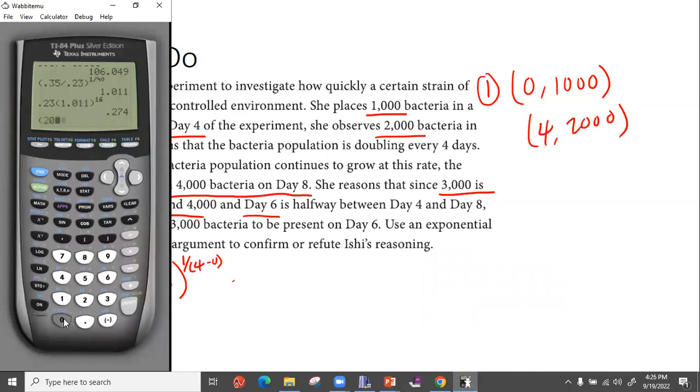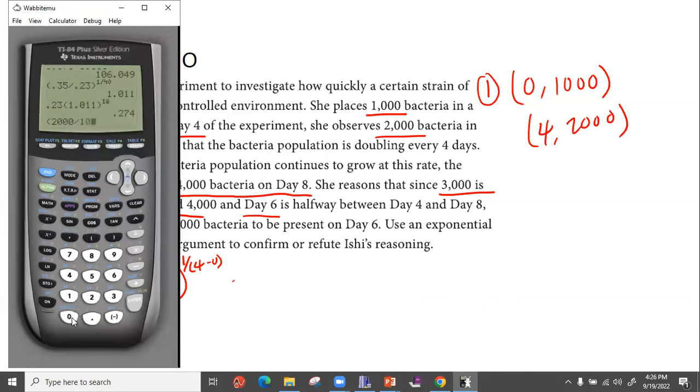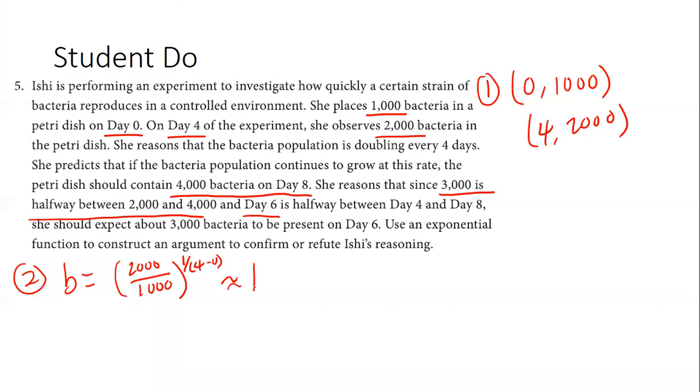So 2,000 divided by 1,000. And now, could you simplify as you're doing this? Of course. To the 1/4. So I press enter, and I get 1.189. So my B is approximately 1.189.